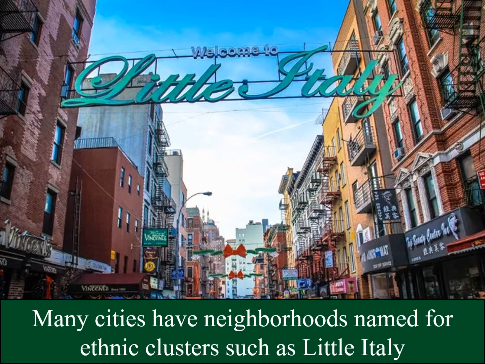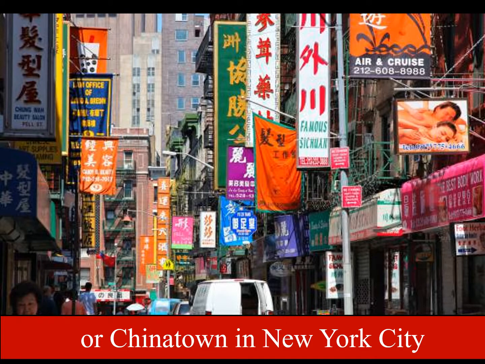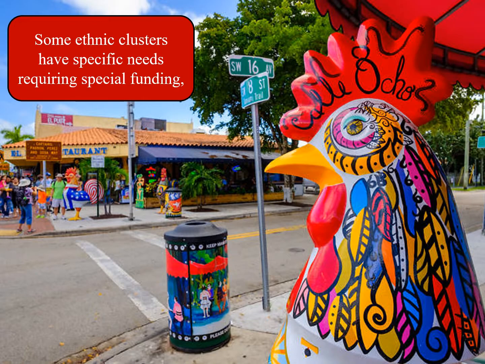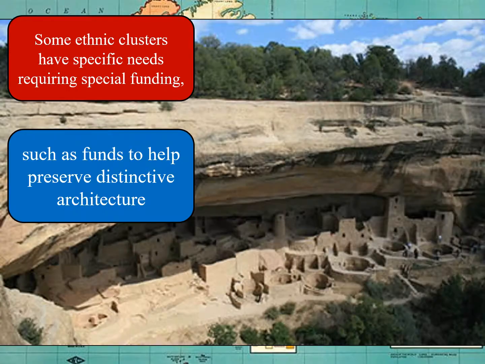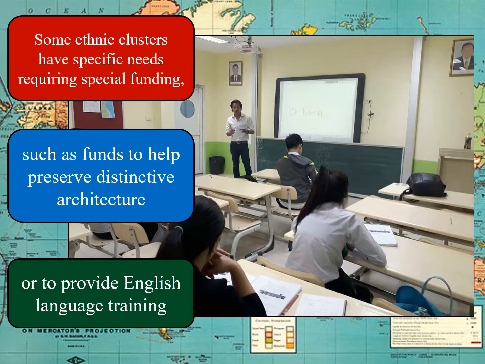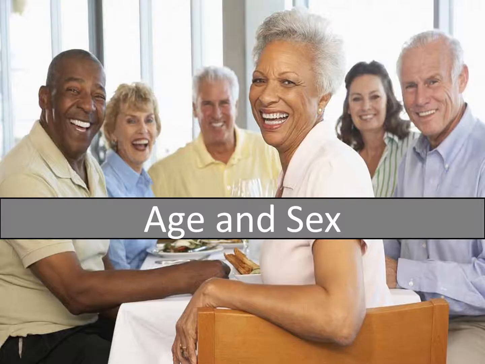Many cities have neighborhoods named for these ethnic clusters, such as Little Italy or Chinatown in New York City. Some ethnic clusters have special needs requiring special funding, such as funds to help preserve distinctive architecture or to provide English language training.